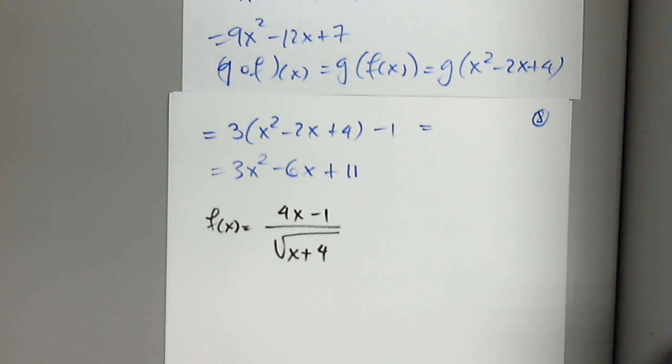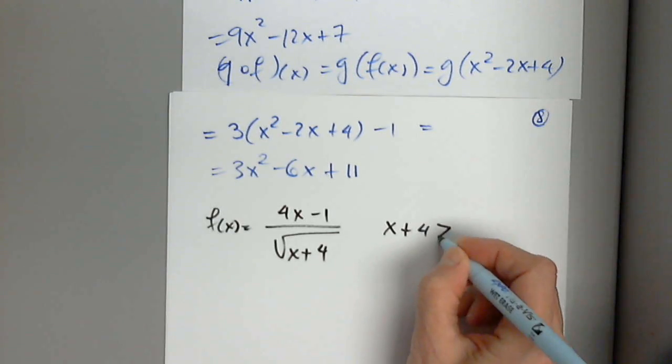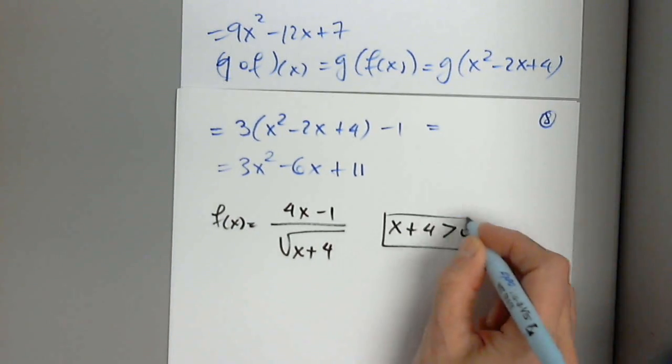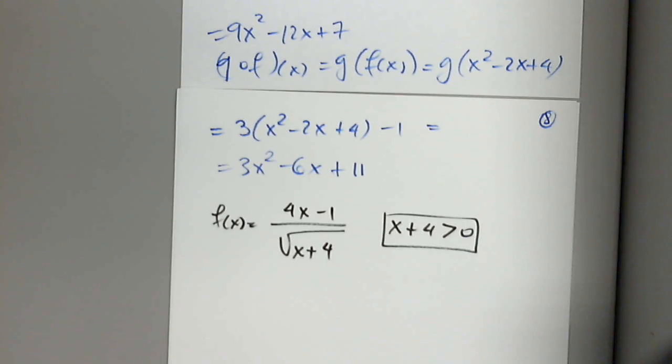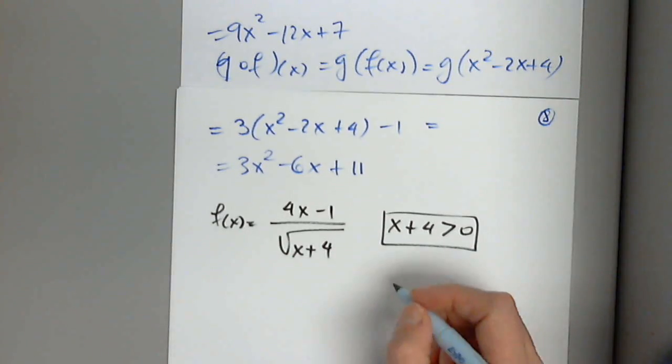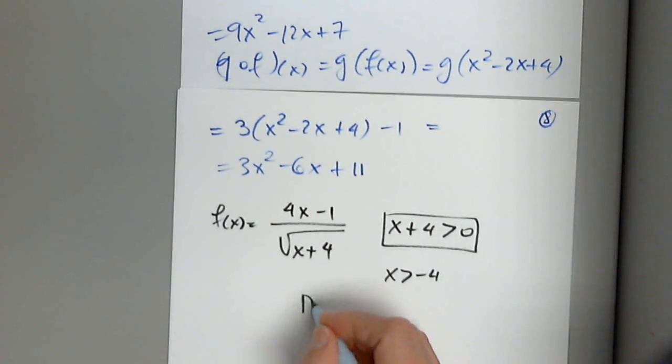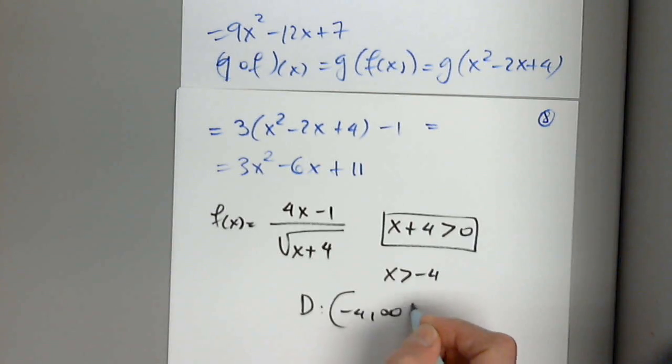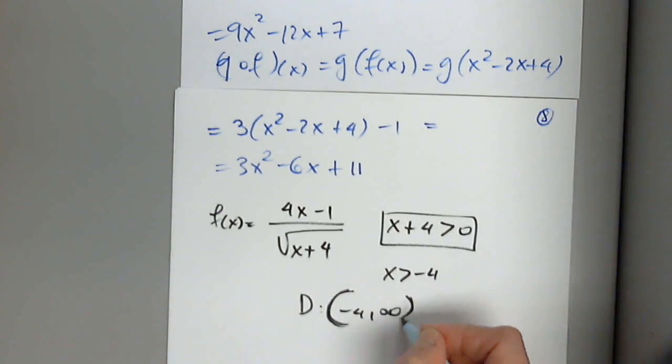I have to write something and solve it. Greater than 0. I also have to state the restriction that it has to be positive, but in this case, it cannot equal 0 because it's in the denominator. So x greater than -4, so the domain is -4 to infinity with a parenthesis.